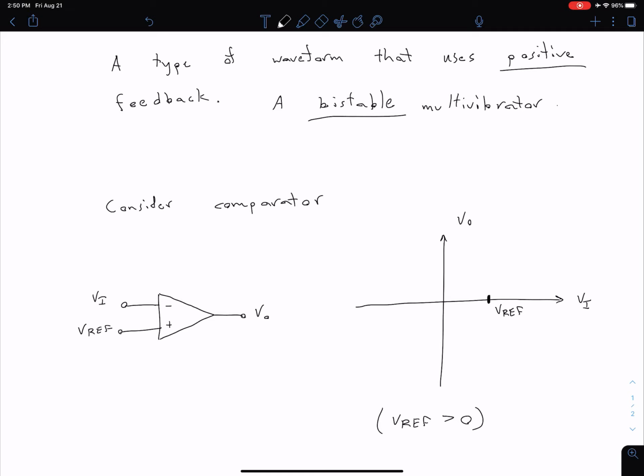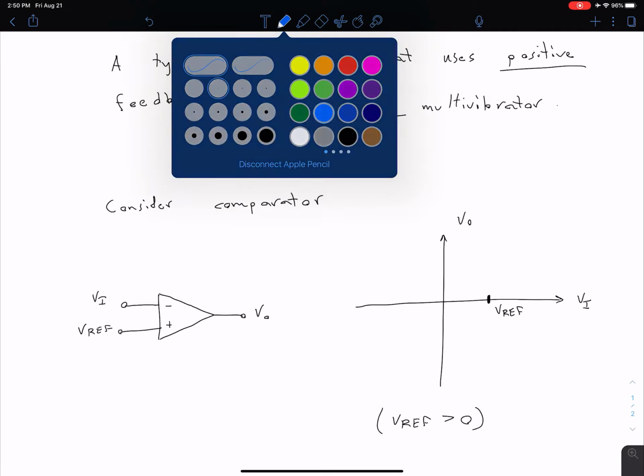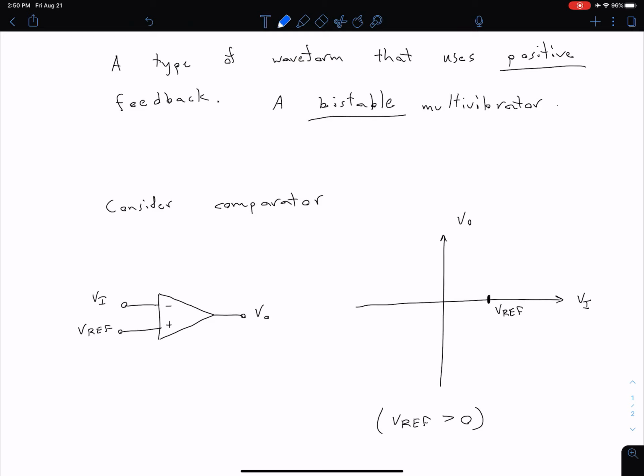If we remember our ideal op-amp model from previous classes, we're essentially taking the difference of our two inputs and amplifying that by some really large gain. If we have these large gains multiplied by something, we're not always going to realize that. For instance, if we have a differential input voltage of 0.1 volt, but our gain for our op-amp is on the order of 10,000, of course we're not going to see that on our output because we're limited by the rails or the power supplies of our op-amp.